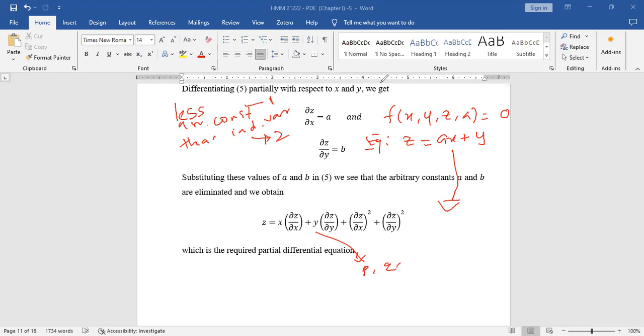So can you send your solutions? Send the entire solution, z is equal to this, like that. Don't send what a is only.